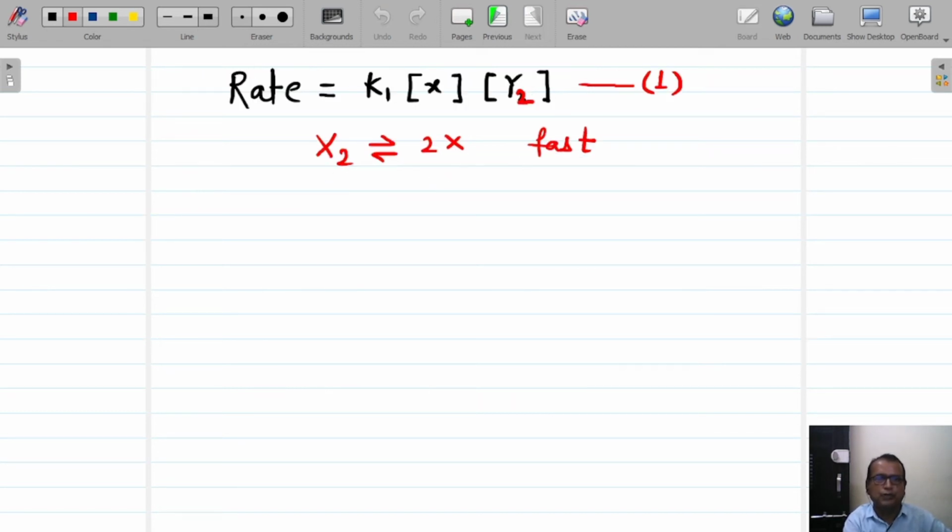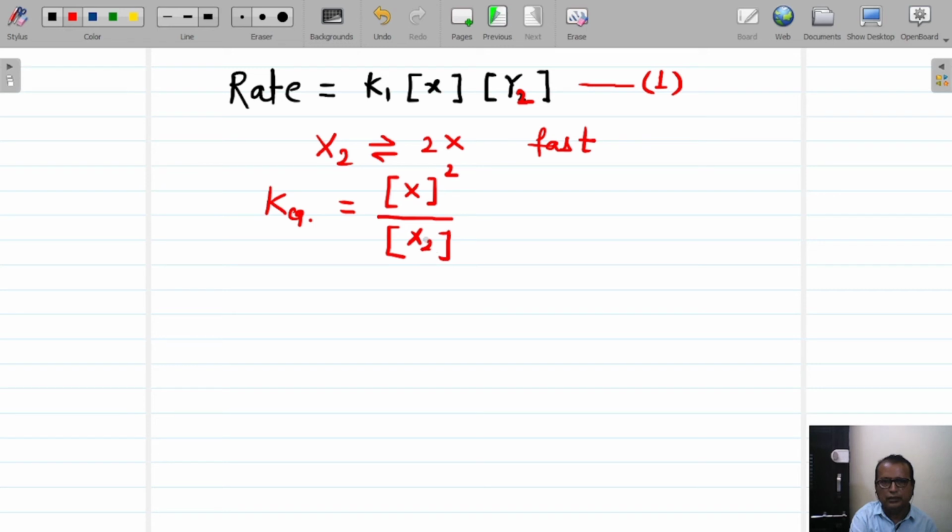With respect to this, by applying the law of mass action, the equilibrium constant K is concentration of X raised to power 2 upon concentration of X2.